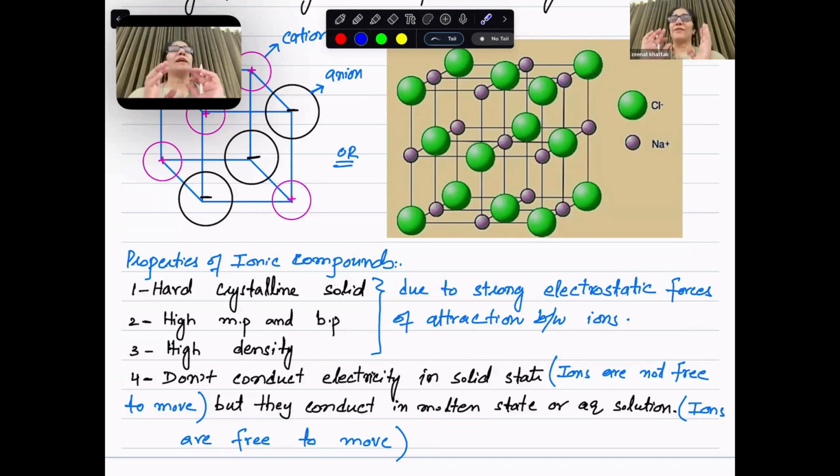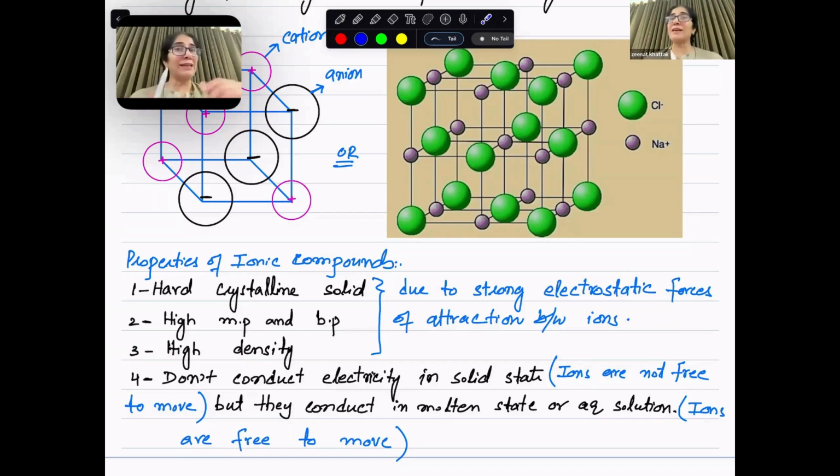If charged particles like protons, electrons, cations, or anions just vibrate and don't move freely, they will not conduct electricity. They're not charge carriers. They have charge, but they're not moving, so they can't transfer charge from one place to another, which is the requirement of conductivity.